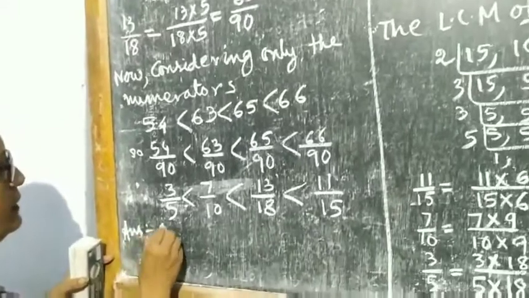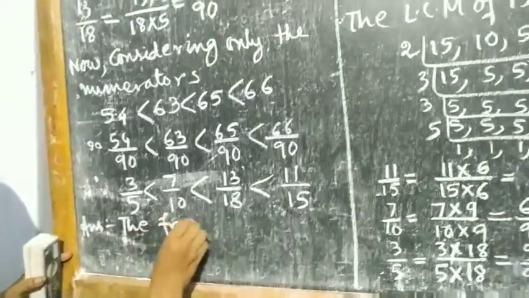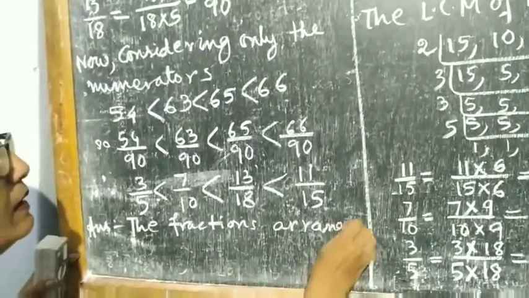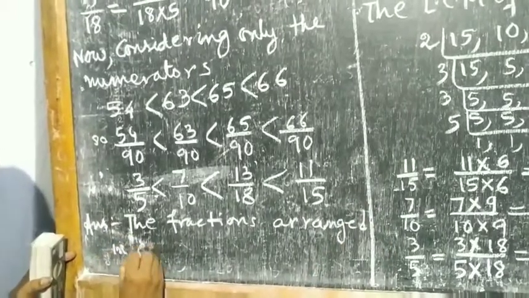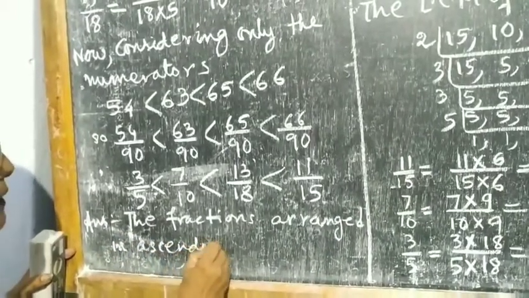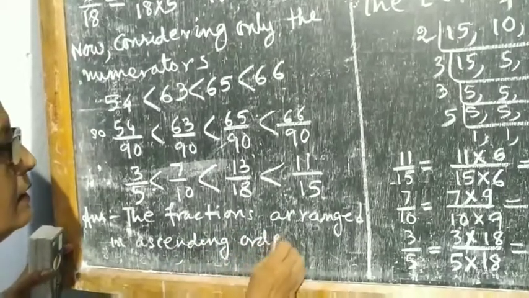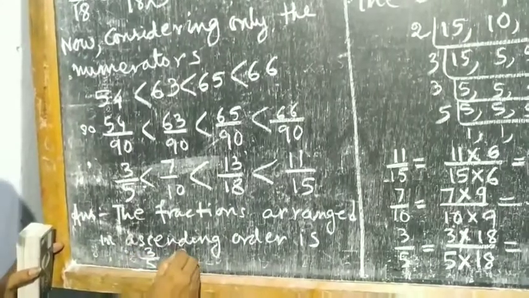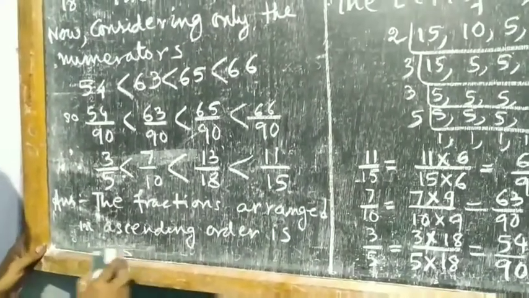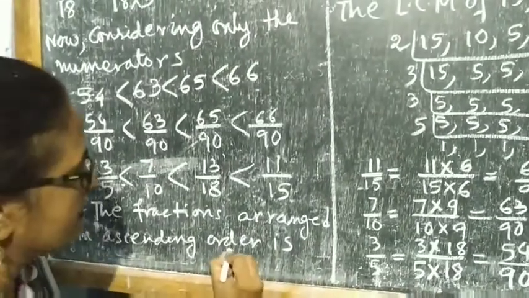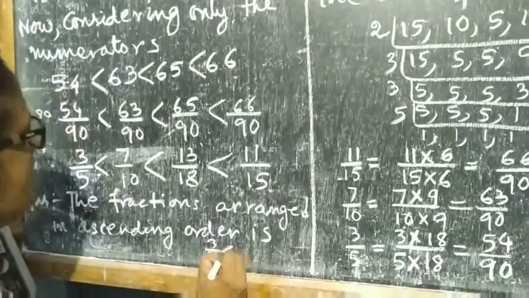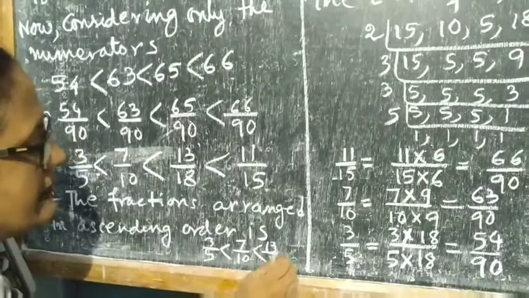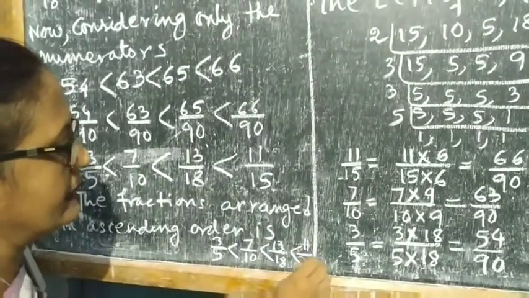Answer: the fractions arranged in ascending order is 3 by 5 is less than 7 by 10, is less than 13 by 18, is less than 11 by 15.